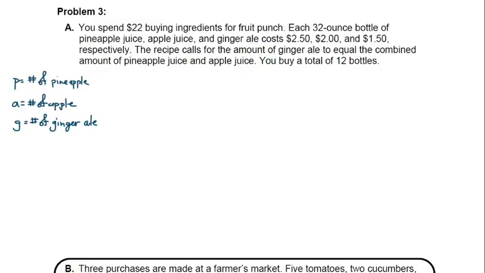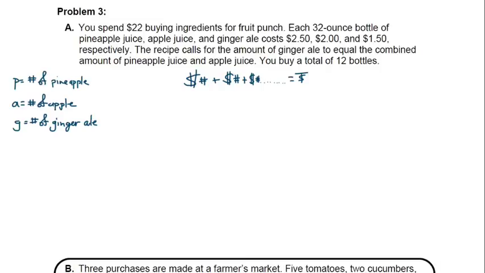Okay? And the first equation I'm going to make is the grocery list. Remember, they give us the dollar amounts. The grocery list is how much it is times how many you get, plus how much it is times how many you get, plus how much it is times how many you get, equals the grand total.